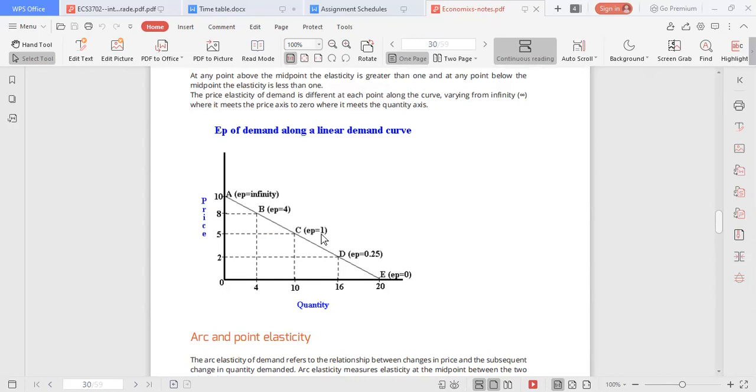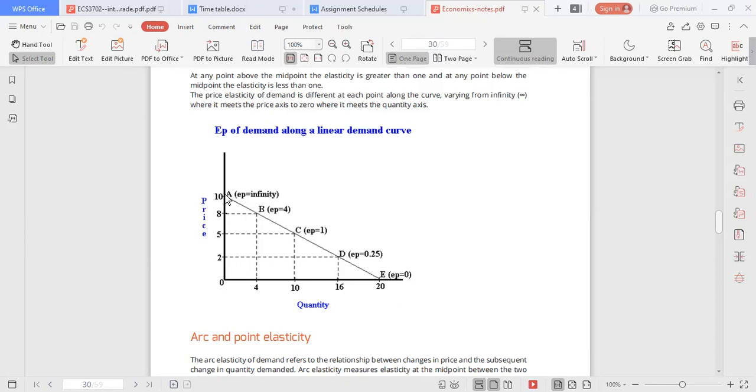So on a demand curve, at the middle point, demand is unitary. Above, it becomes elastic, and below, it becomes inelastic.